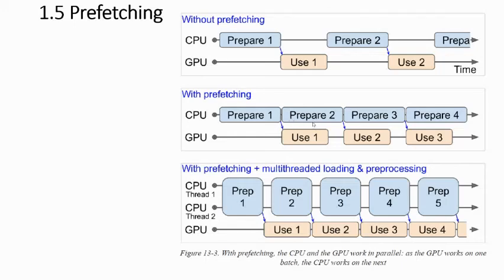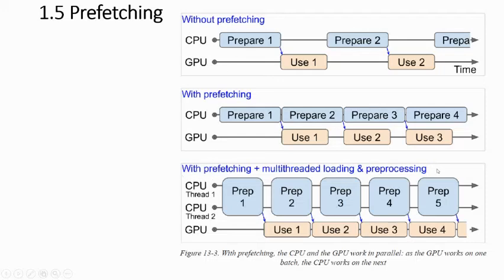So preparing the data and model building are going on in parallel. The CPU is working and the GPU is also working. Both work in parallel, one batch at a time. So it is much faster compared to the method without prefetching.